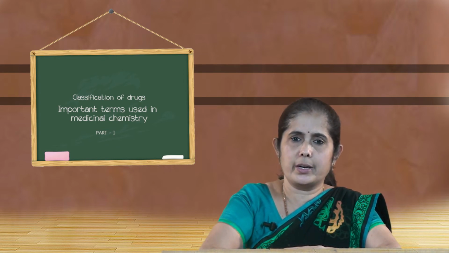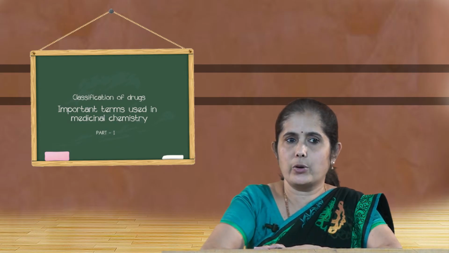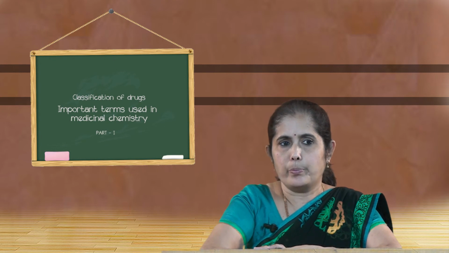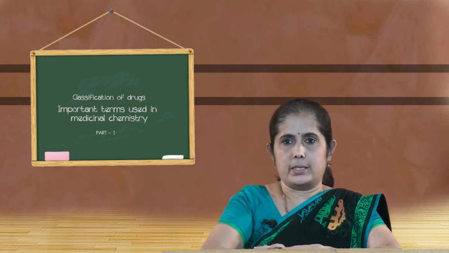Hormones are required in small quantity and are specific in their functions. They are involved in a lot of metabolic processes in our body. The deficiency disease can be cured by giving that particular hormone. These hormones are synthesized in our body by different glands like the thyroid gland, pituitary gland and pancreas.